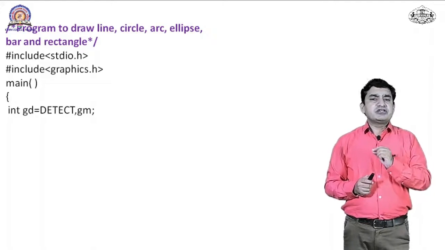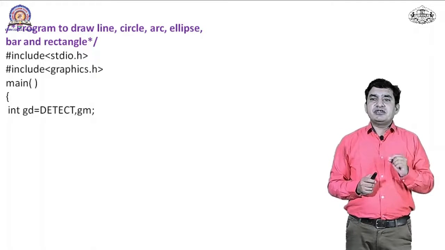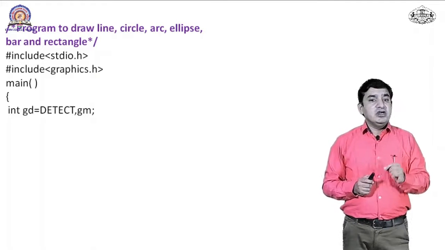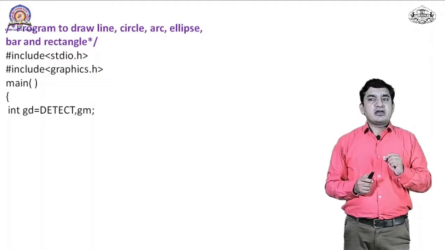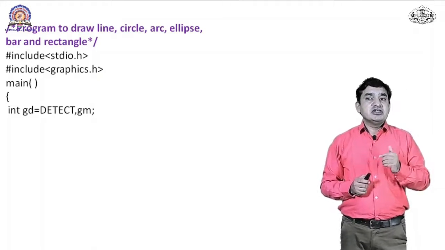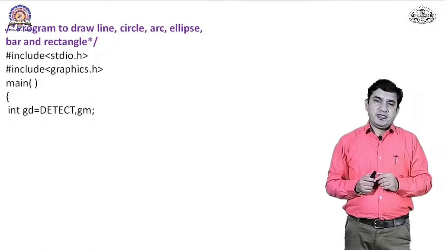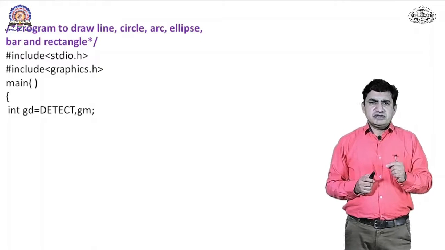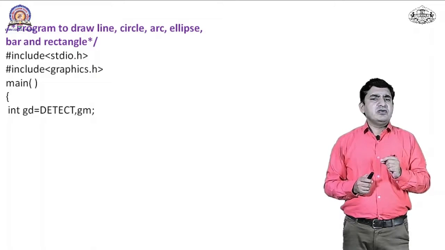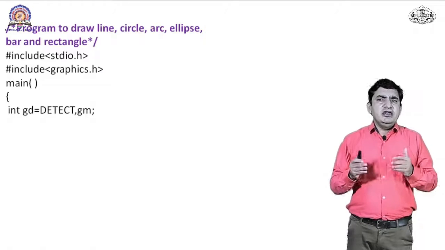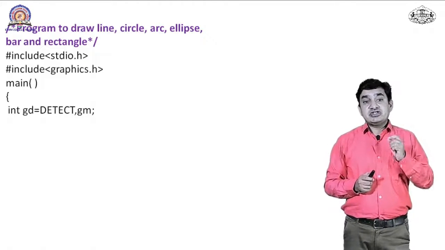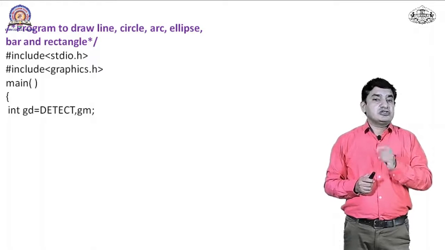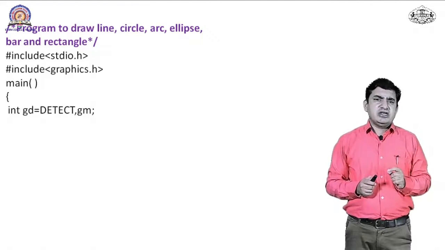And gm means graphics mode. The integer type of graphics driver and graphics mode is the same. When we use int gd equal to DETECT, it indicates that the graphics mode selects the highest resolution.